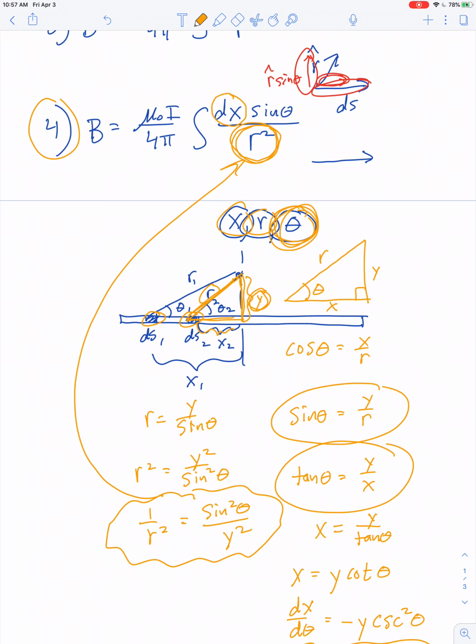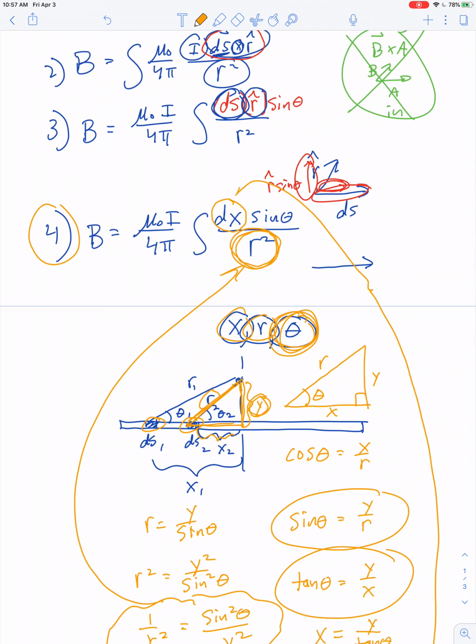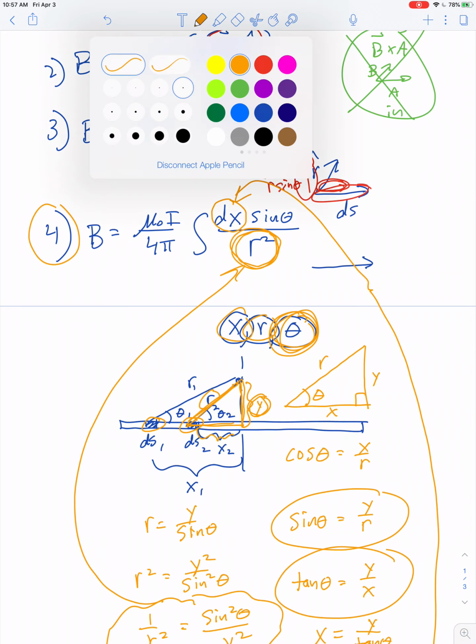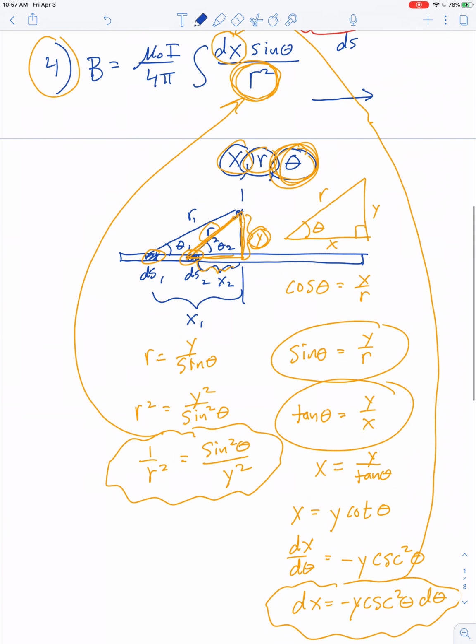We're going to substitute for r squared, and we're going to substitute for dx. Let's see if we can do this without making things too messy. Step 5, our magnetic field would be mu naught I over 4 pi times the integral of, instead of dx, negative y cosecant squared theta d theta.